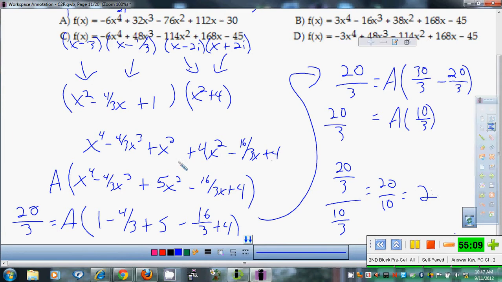So a is 2. So I come back over here, plug in 2 for a, and after you distribute, that'll be your answer. 2x to the 4th minus 8/3 x cubed plus 10x squared minus 32/3 x plus 8. Again, tomorrow I seriously doubt you have fractions like this, but we had to do what we had to do.